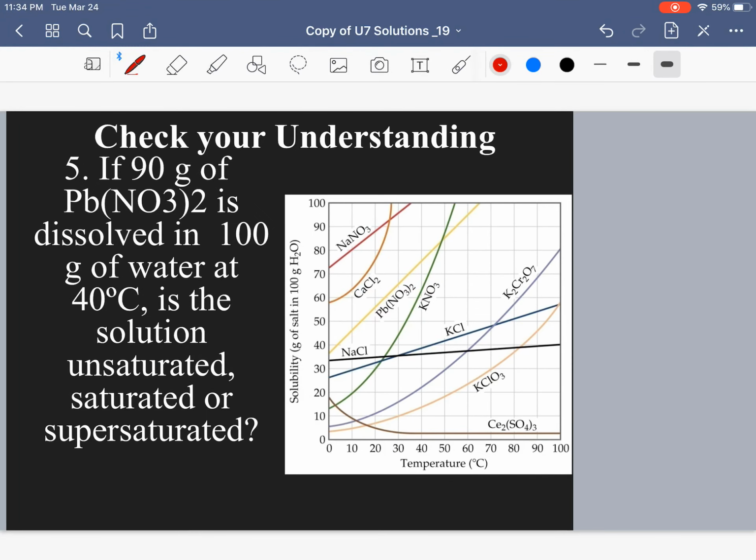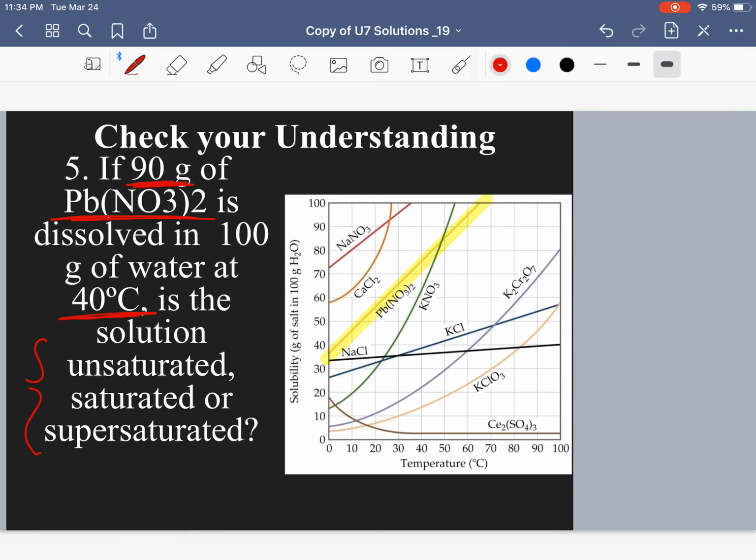Let's look at number 5. If 90 grams of PbNO3 is dissolved in 100 grams of water at 40 degrees Celsius. What is our saturation? So, what's our line of interest? Here we go, lead nitrate.